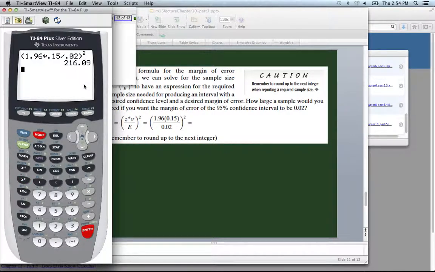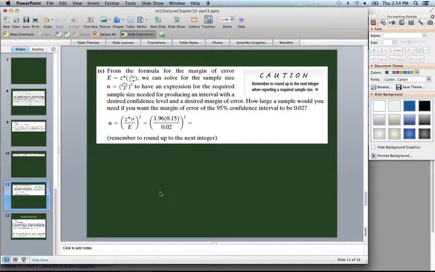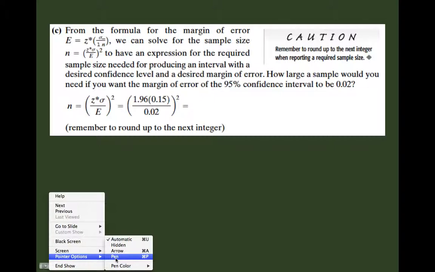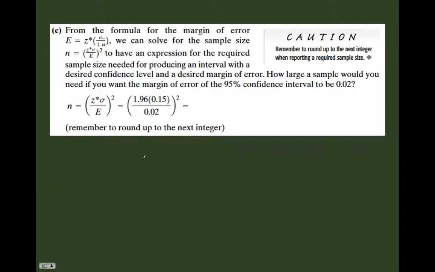So we're going to round that up. So we need about 217 samples to meet these parameters that we've been handed.